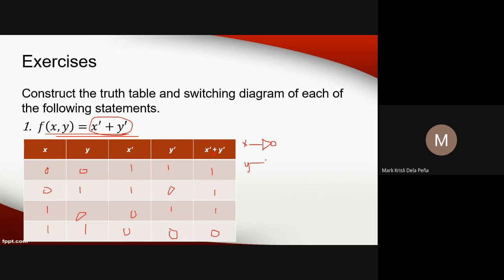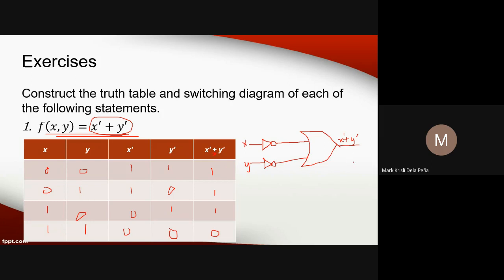Also y is being negated, so we'll use this symbol. And after, we have the OR gate, which has a symbol just like this one. The inputs will be placed here, and you will have your output. So this is x prime or y prime.